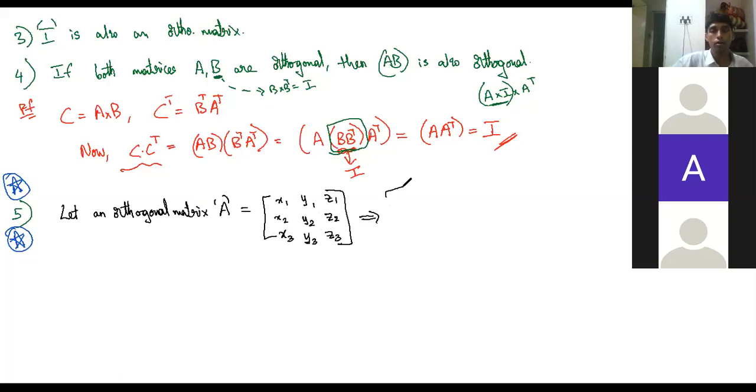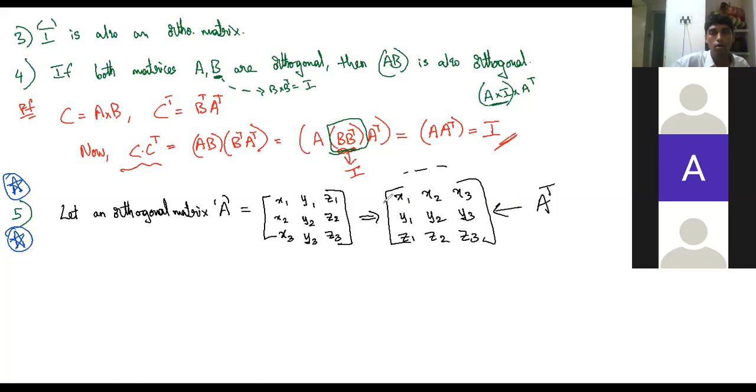From here, what is the transpose? Does everyone agree that this is a transpose? From here, I am telling that this is A transpose. Any problem? If this is given as A, can I say this is A transpose?